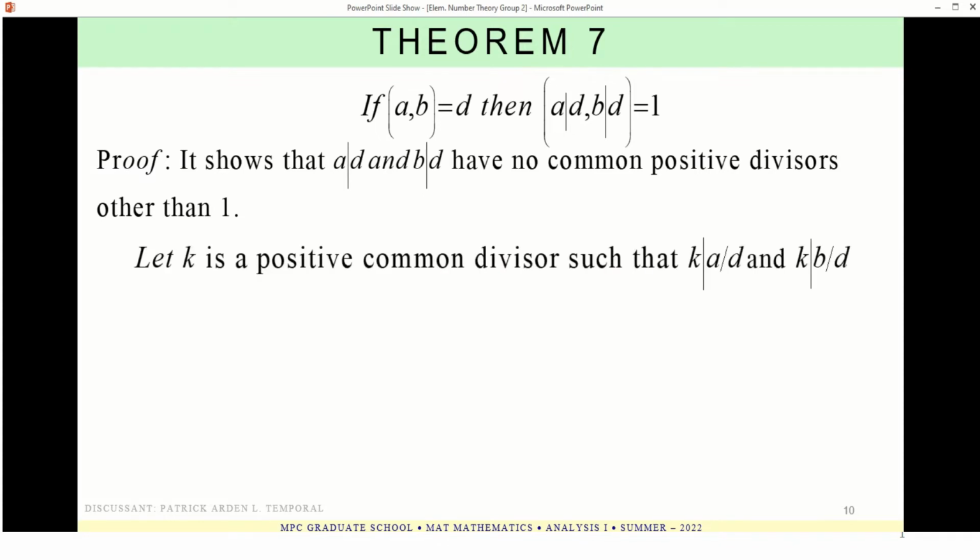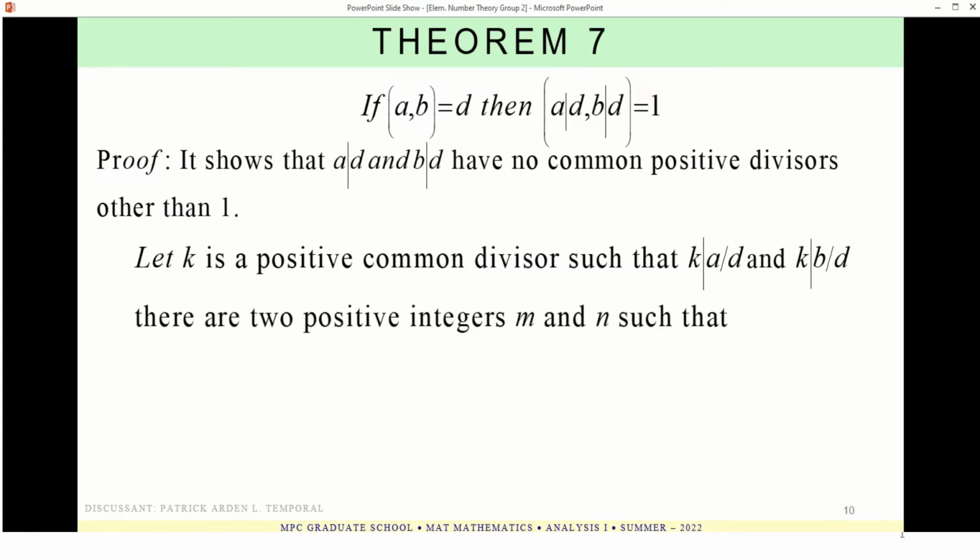Let k be a positive common divisor, such that k divides a/d and k divides b/d.